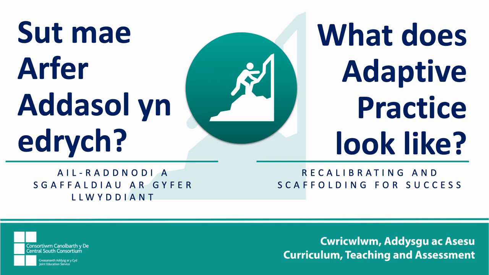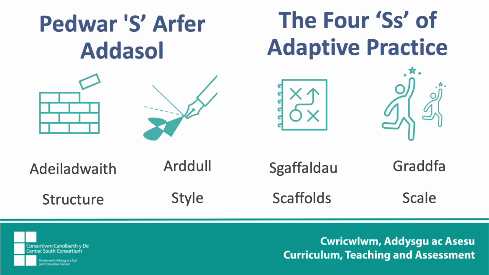And this one talks largely around adaptive practice and adapting in the moment. So this idea of recalibrating, scaffolding for success, and that is the 4 S's approach, or the 4 S's of adaptive practice. So these are structure, style, scaffolds, and scale.